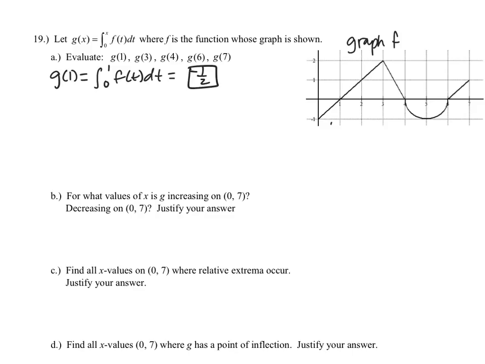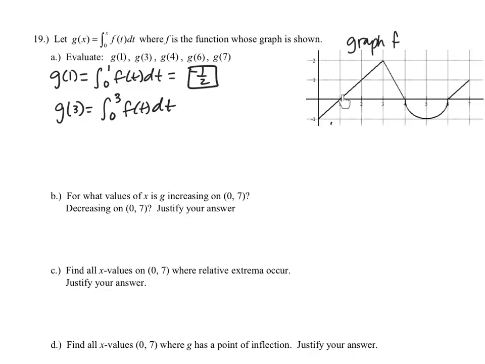And then g of 3 would be the integral from 0 to 3 of f of t dt. Do you see what we're doing? We're just replacing g of x, which is the integral from 0 to x of f of t dt. So we need to look at this graph and determine what is the area from 0 to 3.